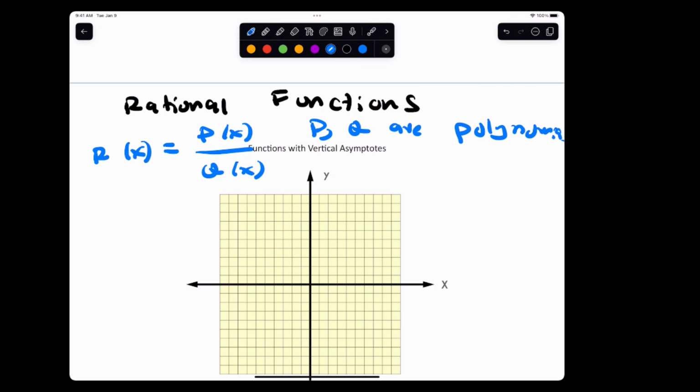But where are the vertical asymptotes for any rational function? Do you guys know? Where the denominator equals 0.